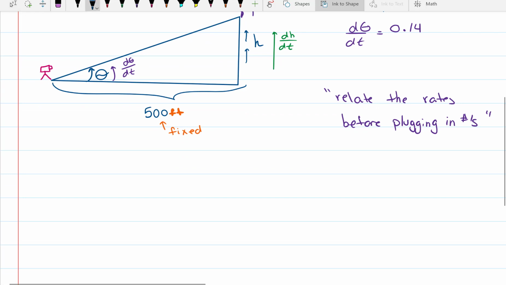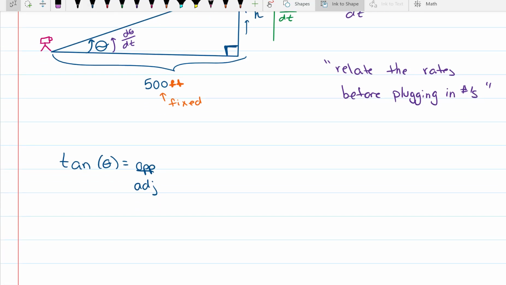Well, I know that tangent of theta is equal to opposite over adjacent. And the reason I can do this is because I have a right angle right here between the ground and where the balloon takes off. So let's just start plugging in what we know. Tangent of theta is going to be equal to h over 500.